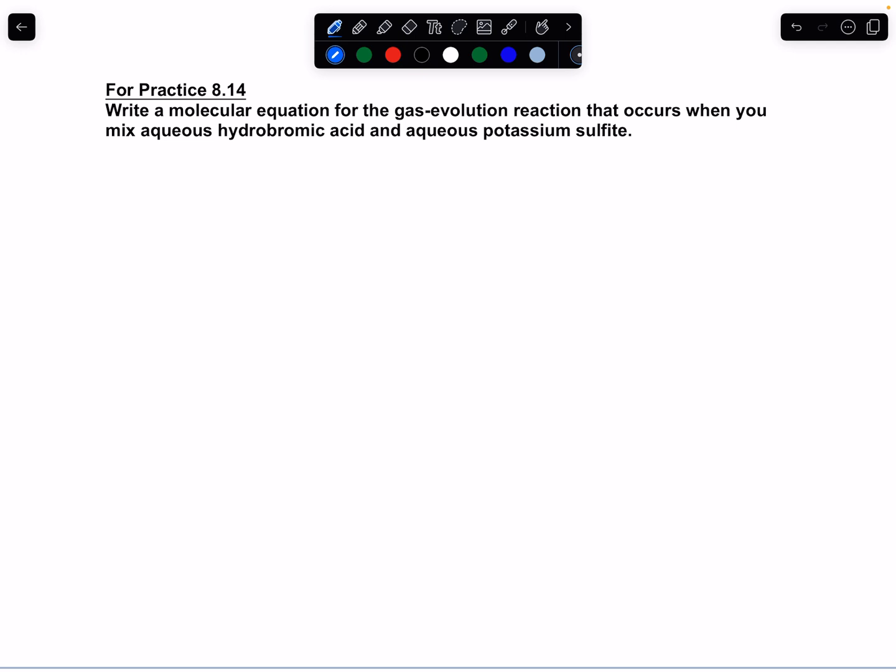So we have a reaction that takes place between aqueous hydrobromic acid, so that's HBr aqueous, plus aqueous potassium sulfite, which is K2SO3.